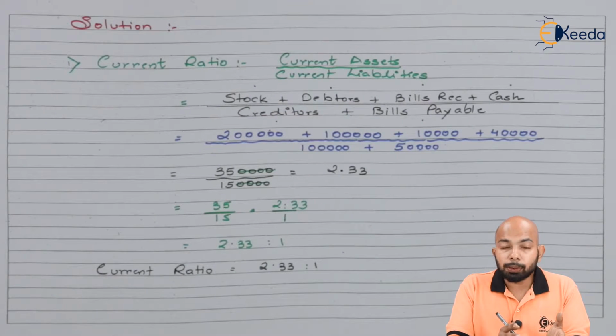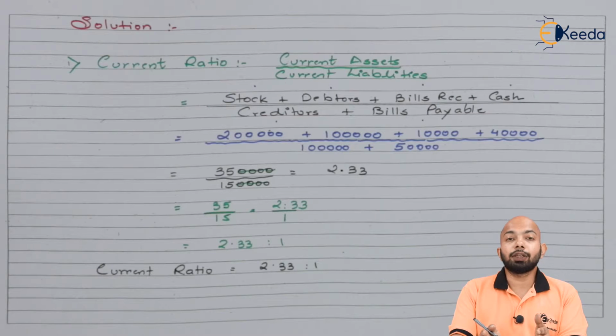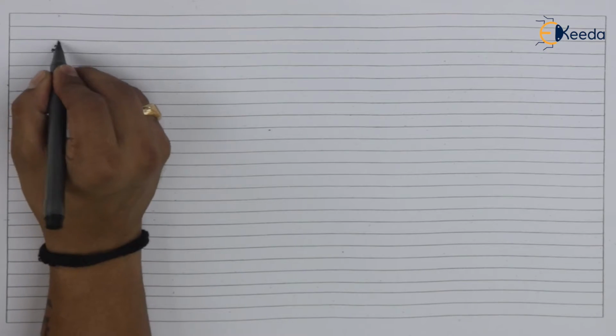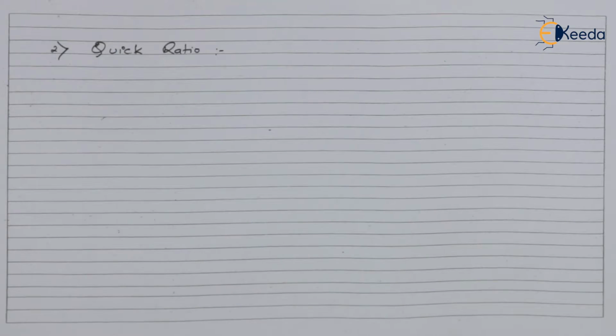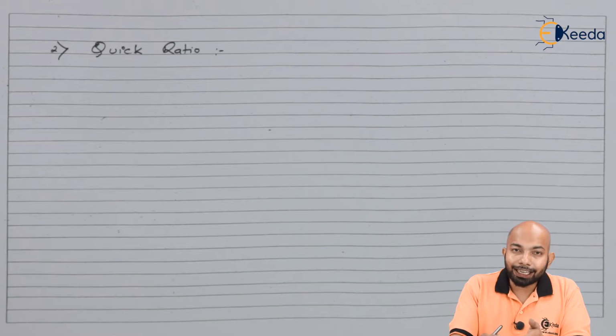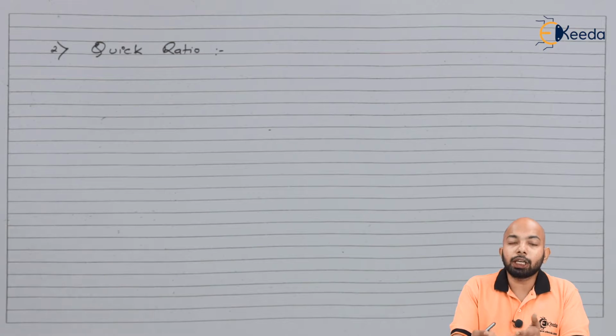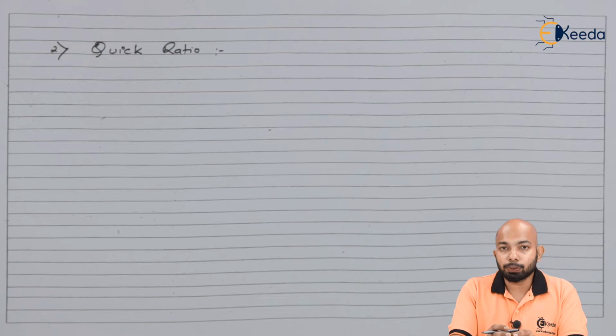Now that the current ratio has been figured out, let's go into the quick ratio and see what we have there. For the quick ratio, the current liability is going to be the same, only the liquid assets are going to change. Only cash or near-cash items are supposed to be selected there.